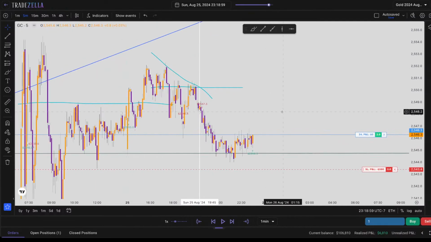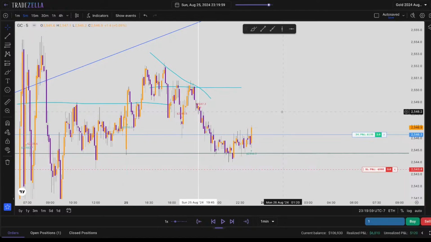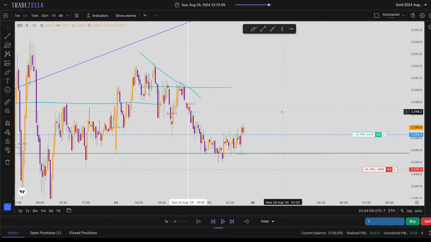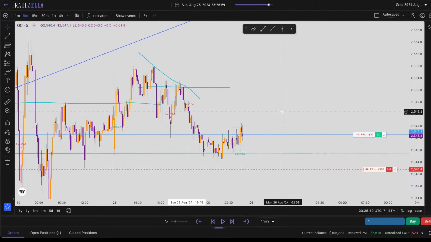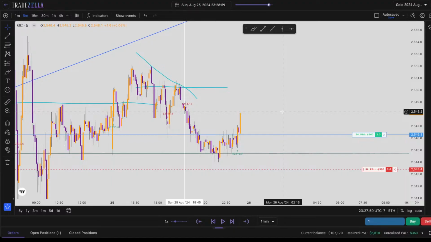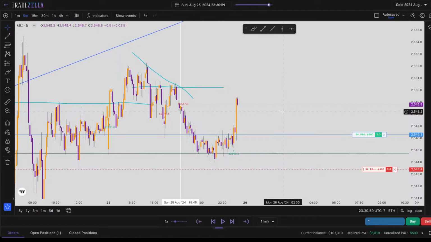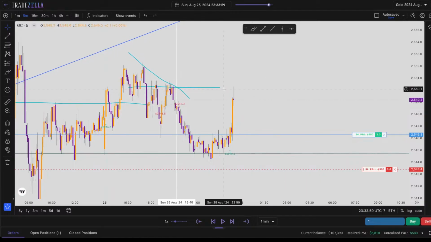All right, let's see how this thing played out. Immediately into profit. Okay, negative $20, right into profit. We were only negative $20. And then this trade just took off. So we're going to 30 right here.